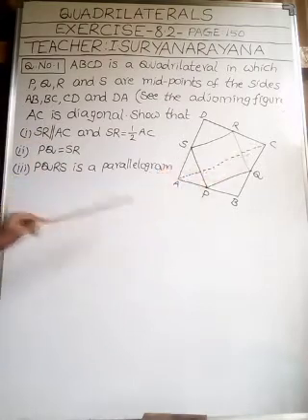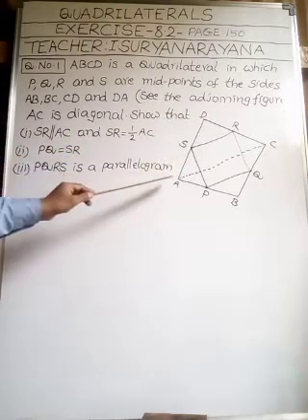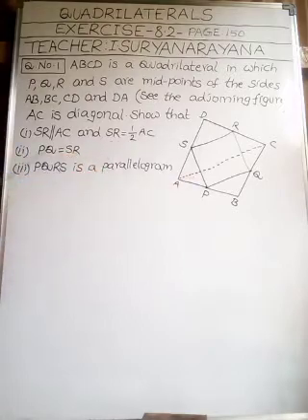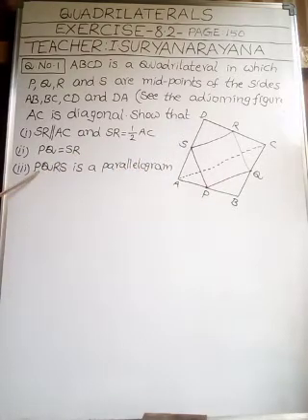Show that SR is parallel to AC and SR is equal to half of AC. Next, PQ is equal to SR. Third, PQRS is a parallelogram. We have to prove these three parts. Okay, my children. Come to the solution part.